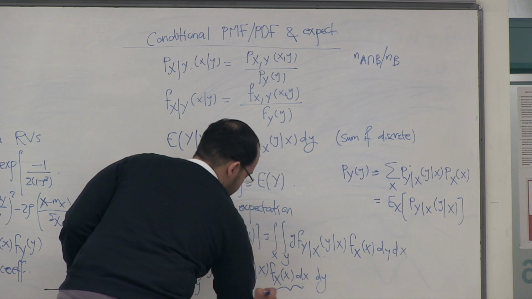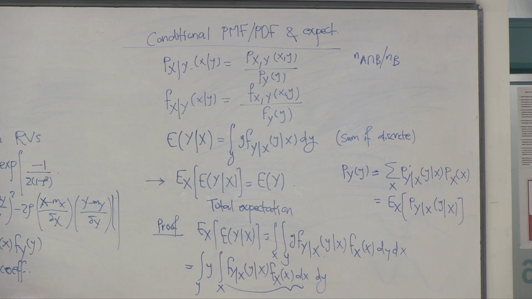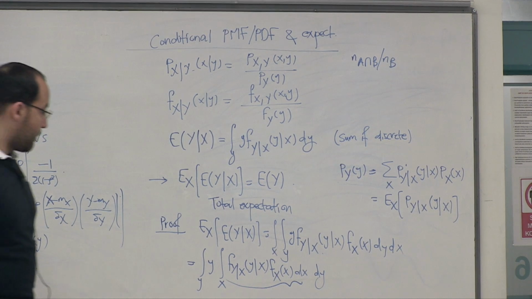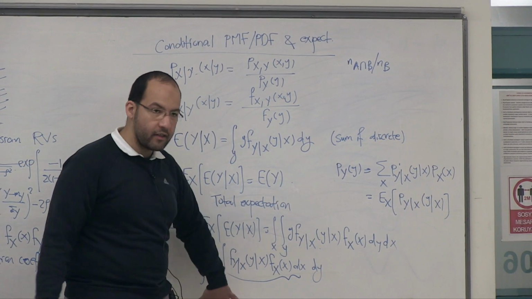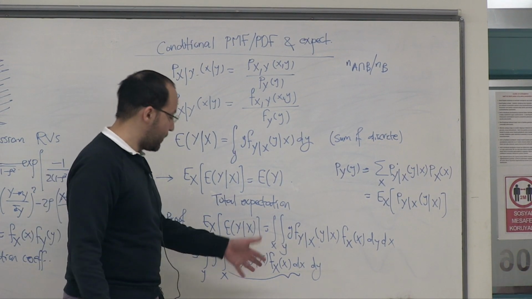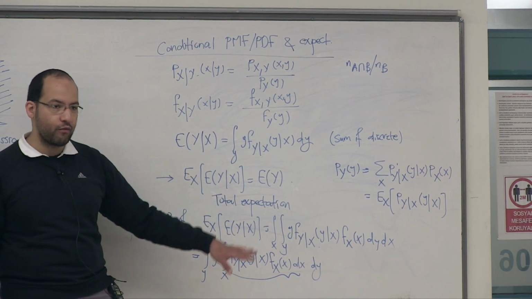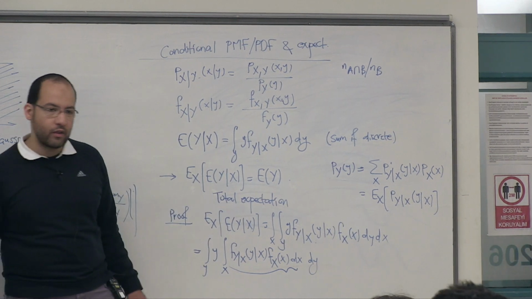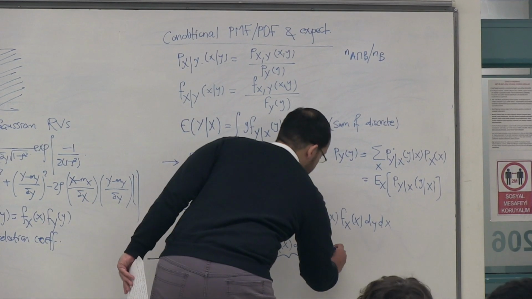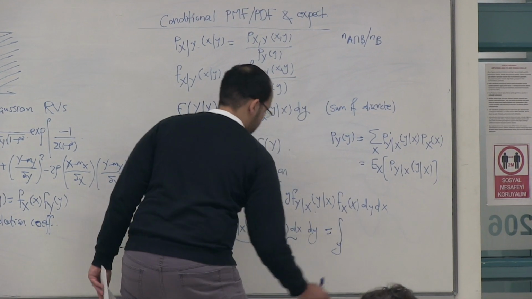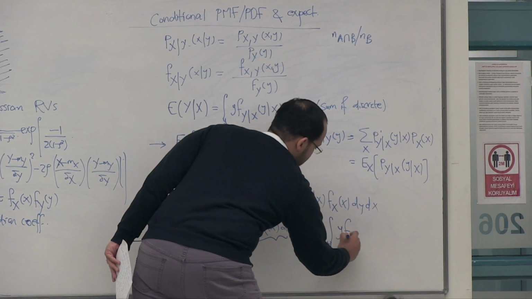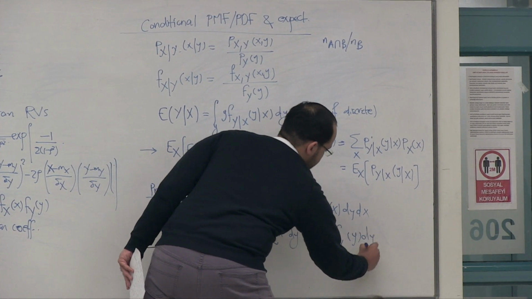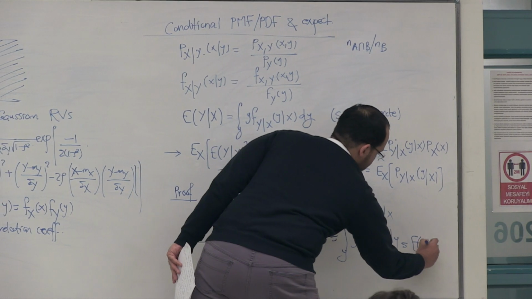What is our friend here? All together it is, yeah. That's correct. So I wanted to do it in 2 steps, but your final answer is right. So first it is the joint, and then you integrate the joint on x. It ends up being the integration over y fy of y dy, which is E of y.